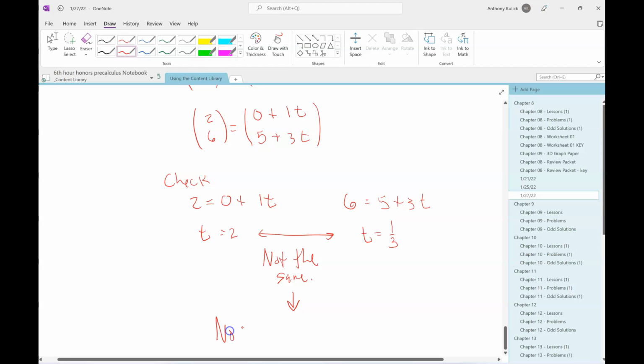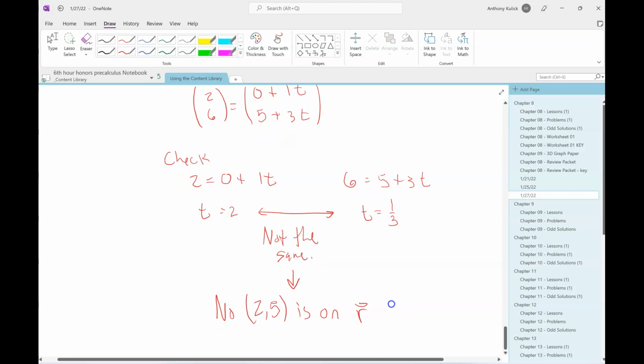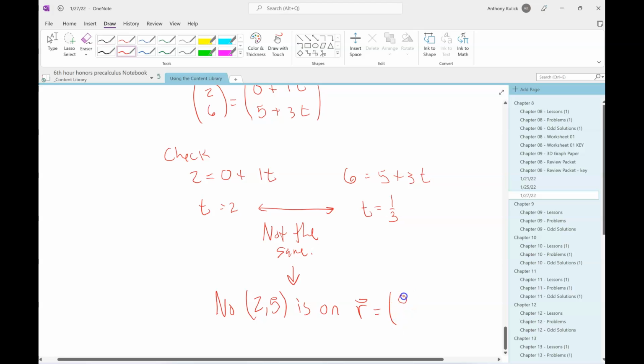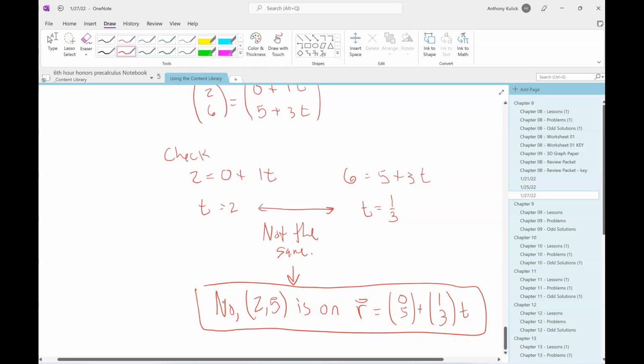That tells me no, 2, 6 is not on the line represented by that vector line equation. Yes. Thank you.